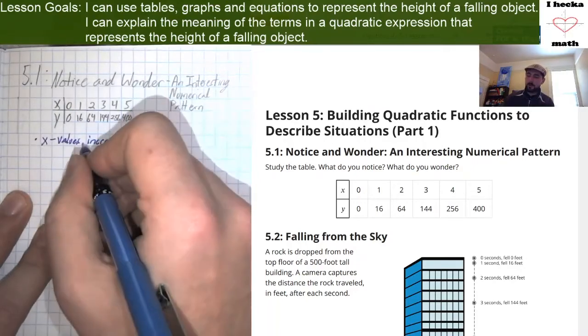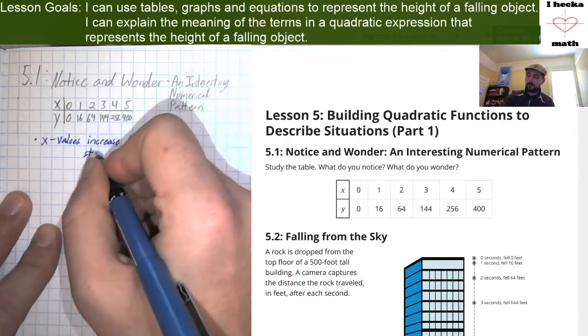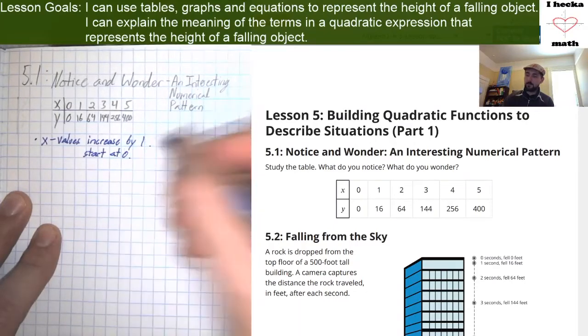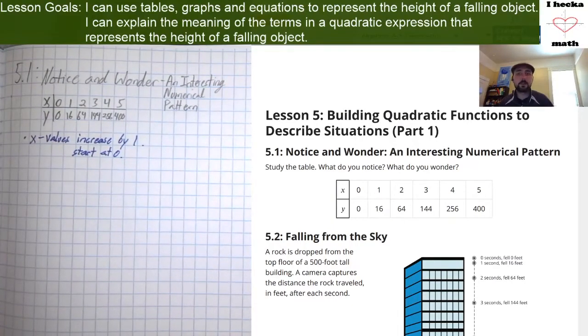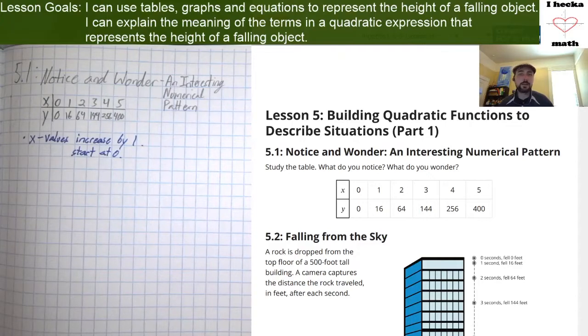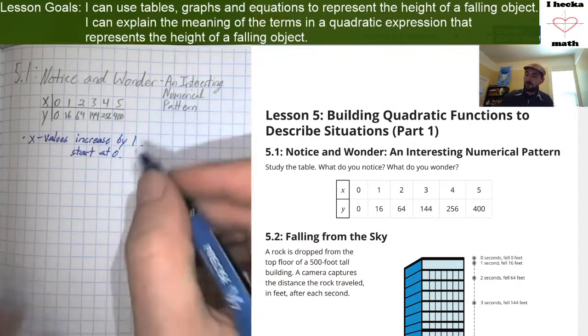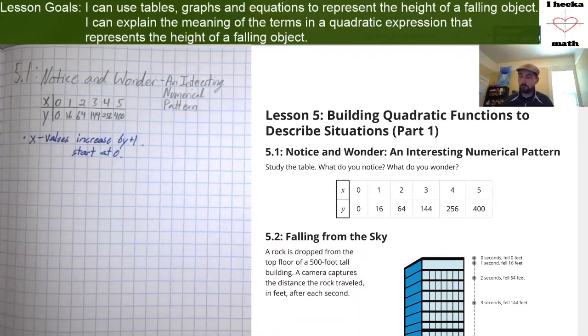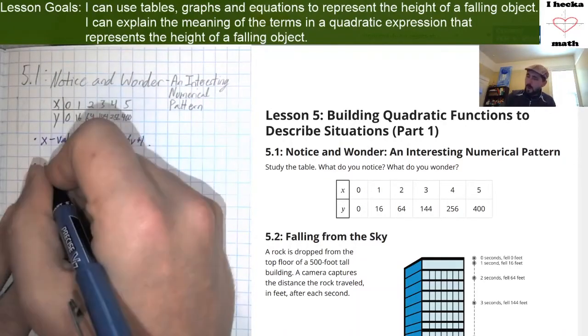And the x values start at 0. So this is just me saying there's a table here, there's some x values, they start at 0, and they increase by 1 each time. And if you want to be more specific, by +1 each time.